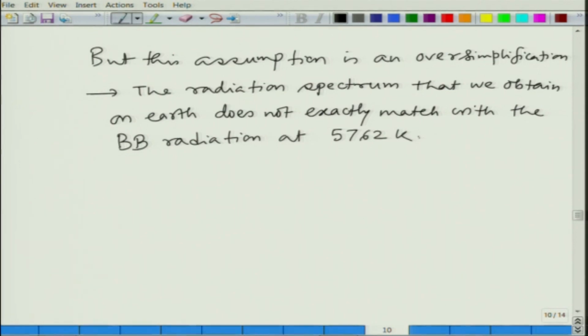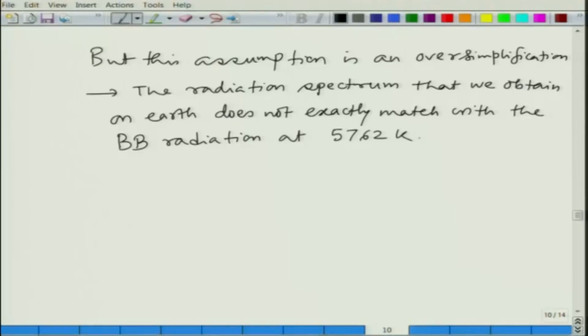So, in science what we do is start with a model and then slowly introduce complexities on that model. If we try to model the whole thing at a time, then we will never be able to do it. That is why we start with the closest model and then slowly introduce the complexities in it. Okay. And actually it is not about this temperature, 5762 Kelvin is not the culprit.